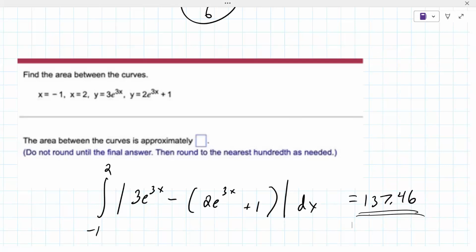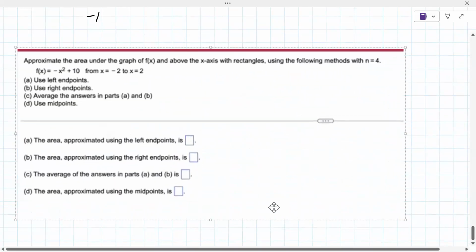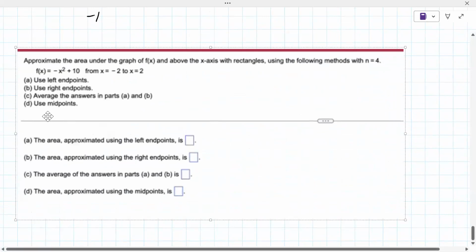All right, so we have one more question. Let me go grab it here. So there's this idea of how to do these left, right, endpoint calculations.